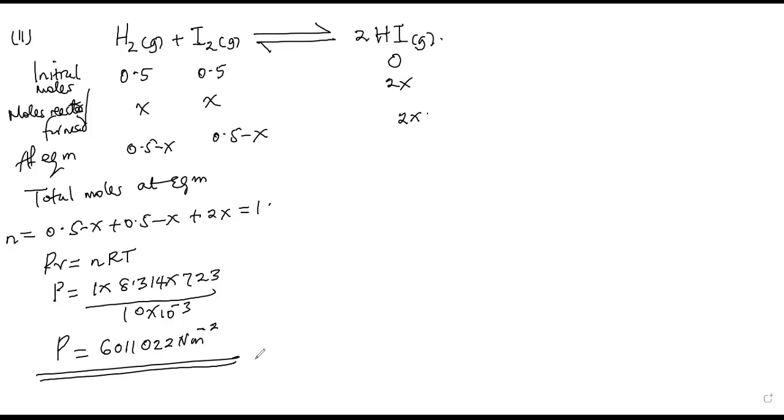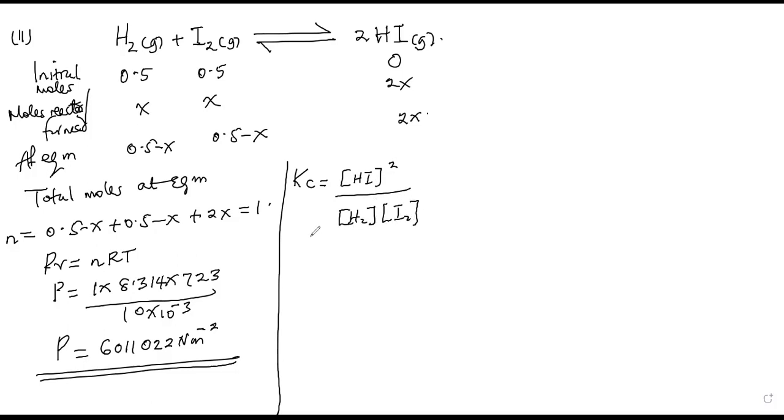Then the last part wants the partial pressure of hydrogen. To get the partial pressure of hydrogen, we get moles of hydrogen over total moles times the total pressure. To get moles of hydrogen, of course, we need to first get the value of x. How do we get the value of x? We can easily use Kc. You know that Kc is equal to concentration of hydrogen iodide to the power 2 over concentration of hydrogen times concentration of iodine.